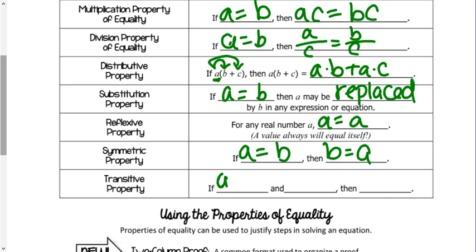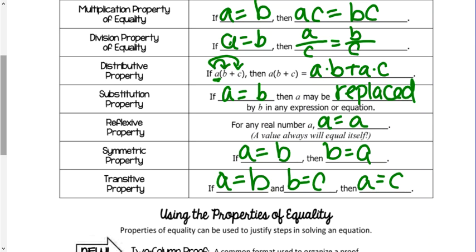If you have a value A equal to B, and some B that's equal to C, then by the transitive property, logically, if A equals B and B equals C, then A should equal C. So there's your transitive property.